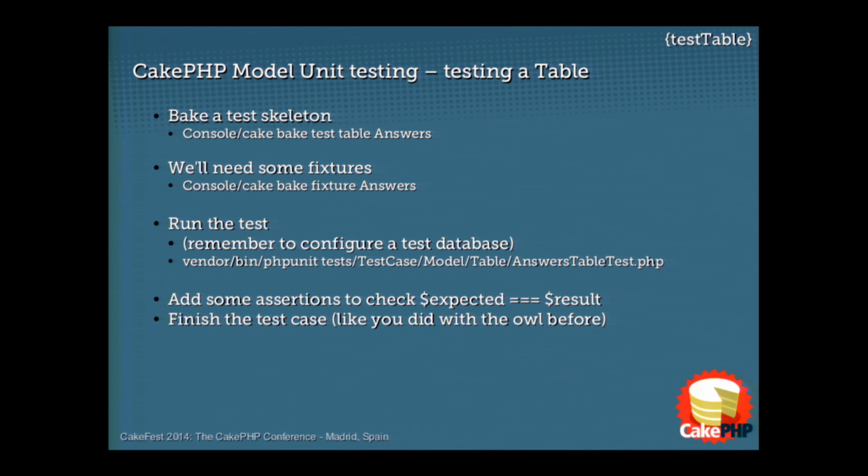I want to show you how to use fixtures with this test. So we are not mocking anything or things like that. We are just going to use fixtures in our database, and we are going to test the result is what we are expecting based on those fixtures.